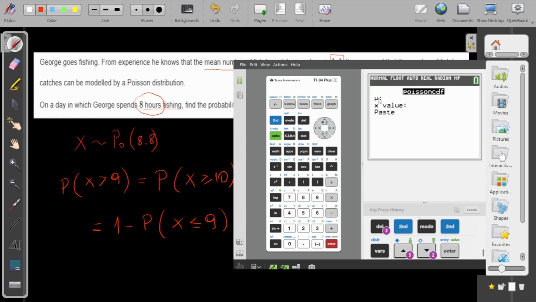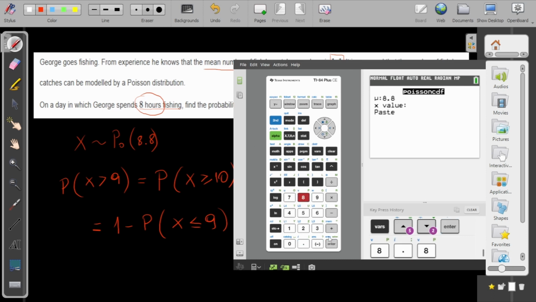The mean, the lambda, is 8.8. My x value is 9, since I want up to 9, and that gives 0.6137.